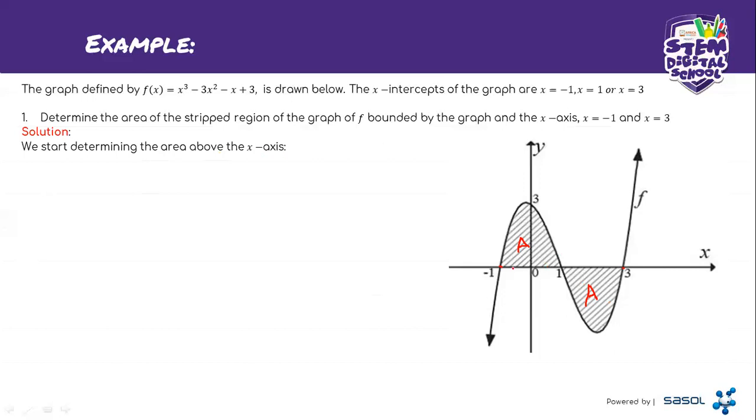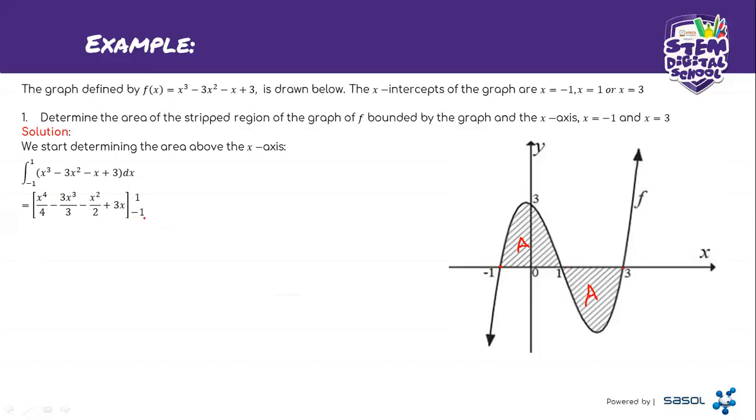If you are looking for that, we can see that the lower limit for this area above the x-axis is -1, and the upper limit is 1. You write the integral sign, you put everything, and the second step you integrate, then this is what you're going to get. On the right hand side, you have the upper limit, which is 1, and the lower limit, which is -1.